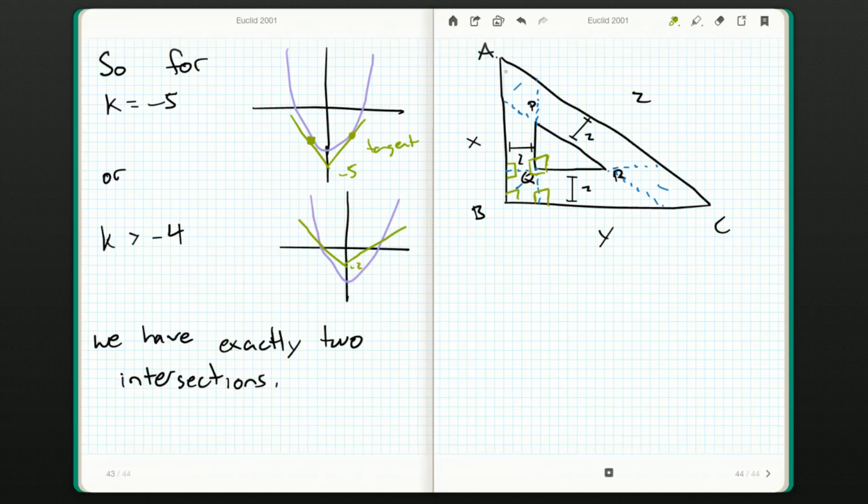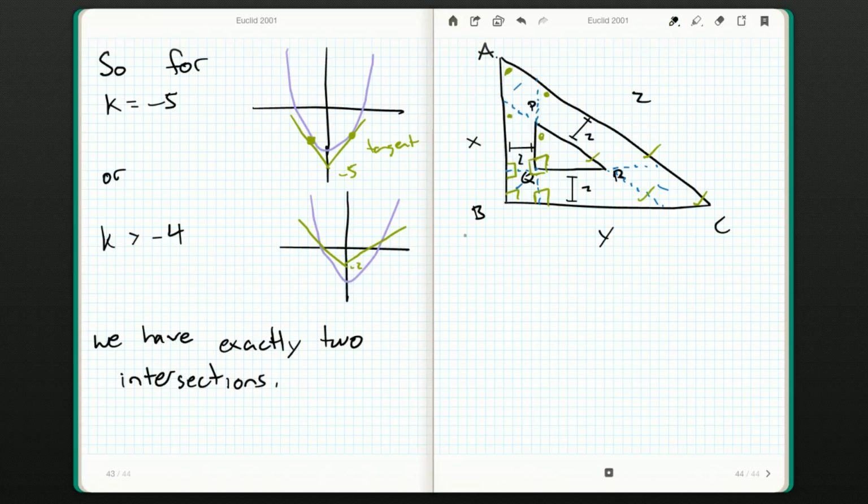If I call this one dot and this one little check, I know that dot plus check is going to have to be 90 degrees. QR intersects AC and is parallel to BC, so this is also going to have to be check. This one's also going to have to be dot. And this is going to have to be dot. This will be check. And you know what? This will be check, and this will be dot. So actually, PQR is going to be similar to ABC.